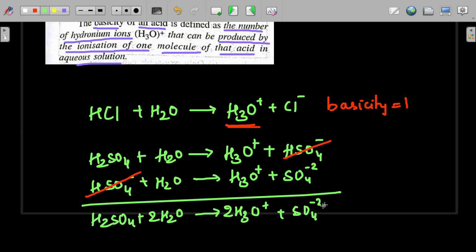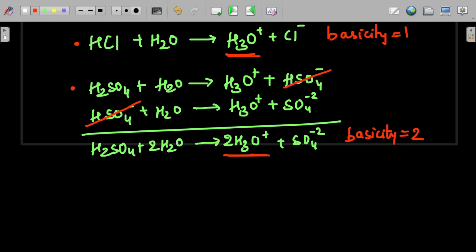So this is actually the final reaction. You can see how many hydronium ions per one molecule of acid you are getting: 2. Therefore, the basicity is equal to 2 for sulfuric acid. But don't consider that the number of hydrogens is always the basicity. Exceptions are there.